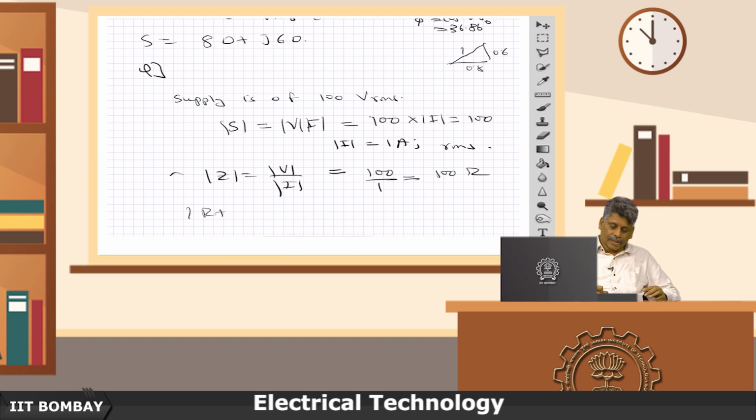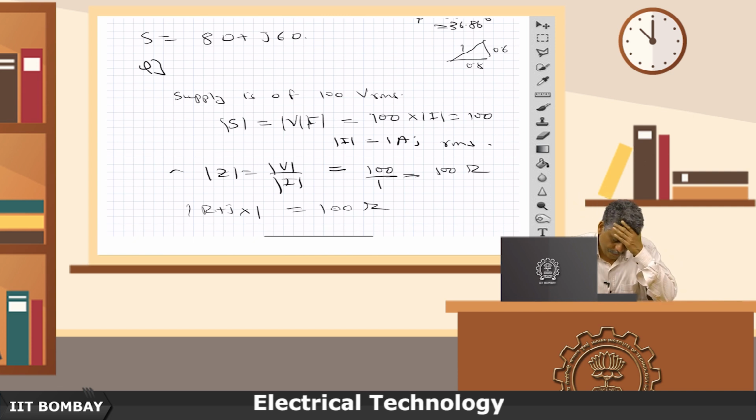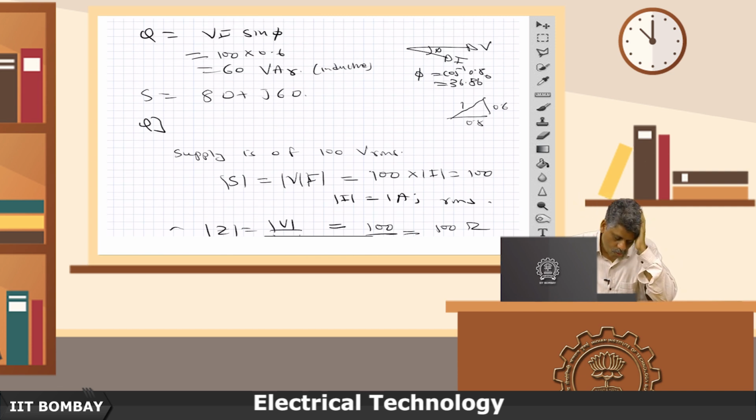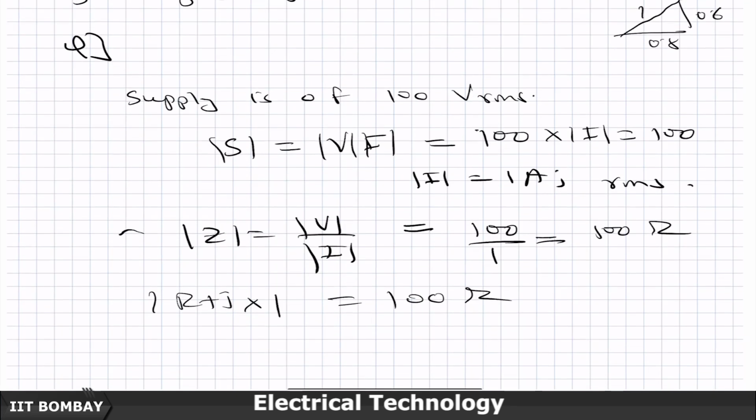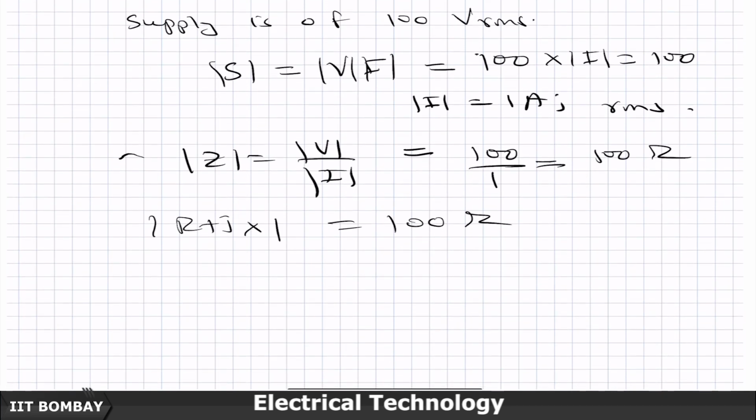So, it is R plus jX. I am just looking at the magnitude of R plus jX, and it is equal to 100 ohm. So, now let us say the wire has 1 ohm resistance.